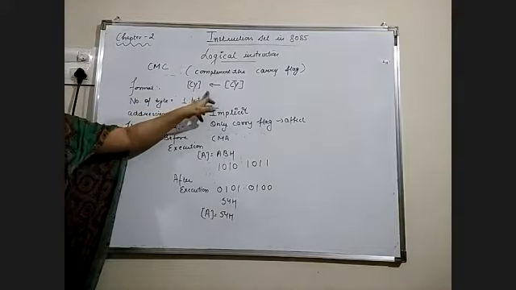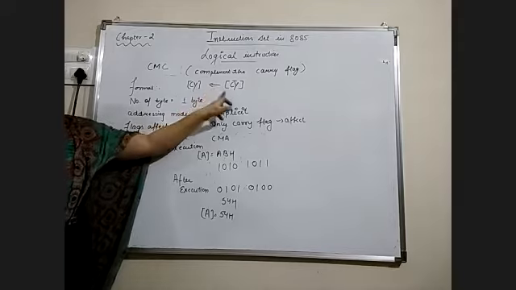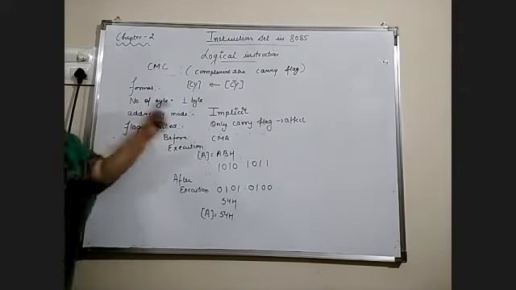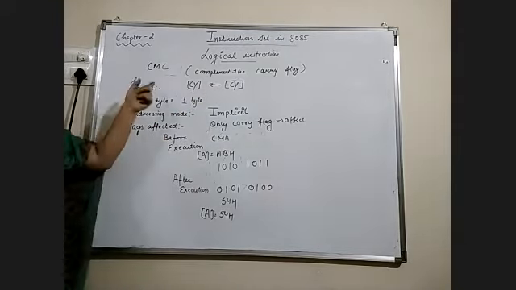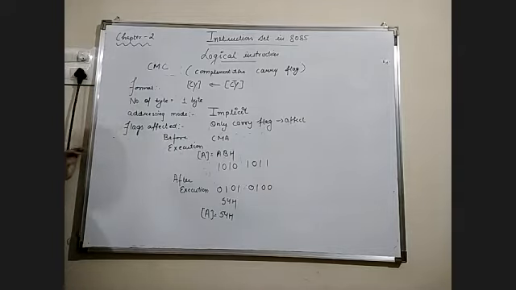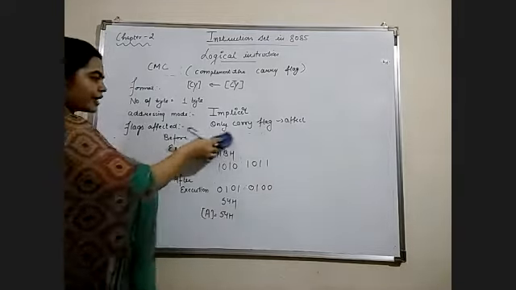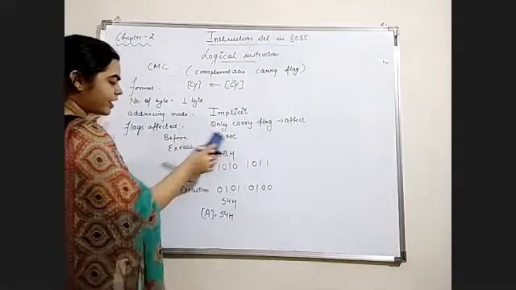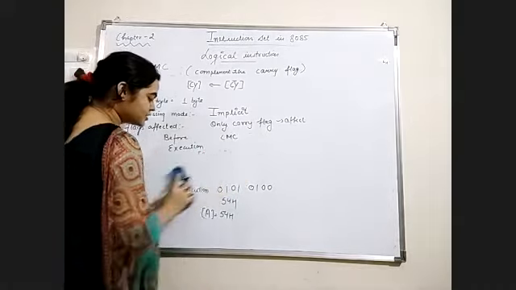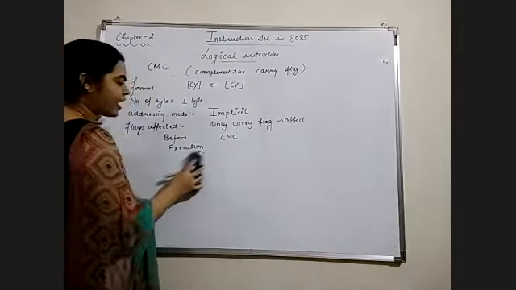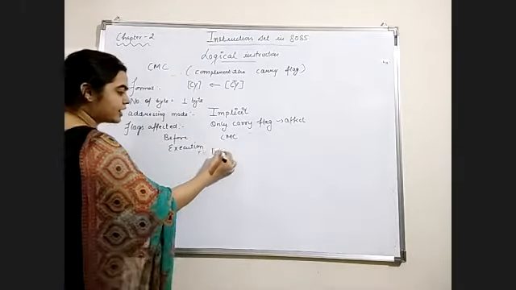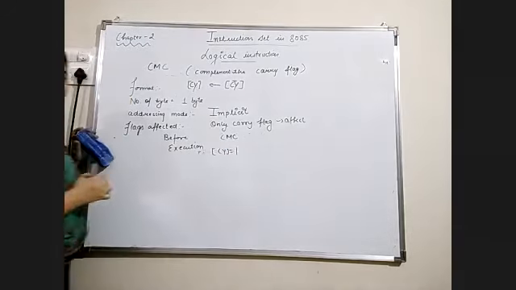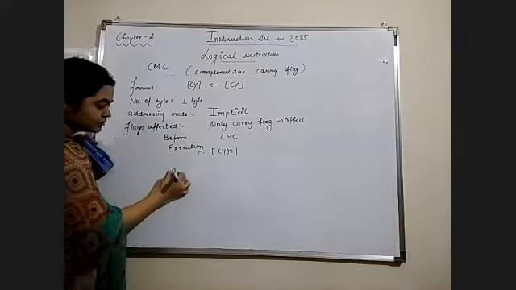So suppose before execution we have the instruction CMC, and in the carry flag we have 1.